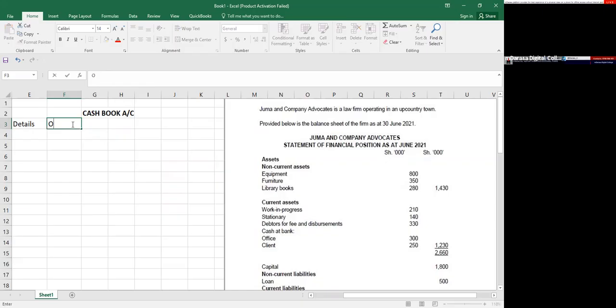We're having a clients column here. Again, of course, our details here. Then the same case, I just copy paste this one here. Our figures you are given in thousands, so you should not forget that. Very important to note that.